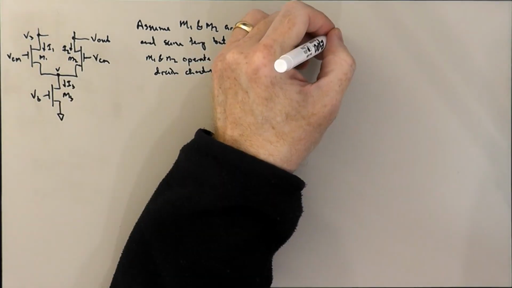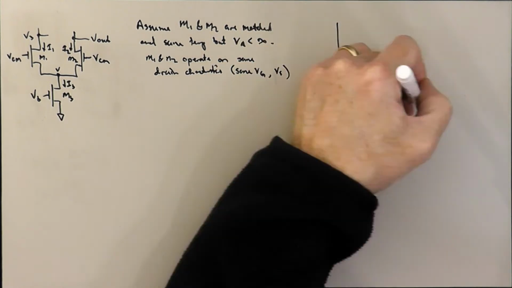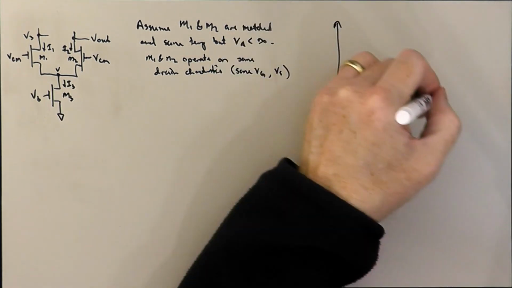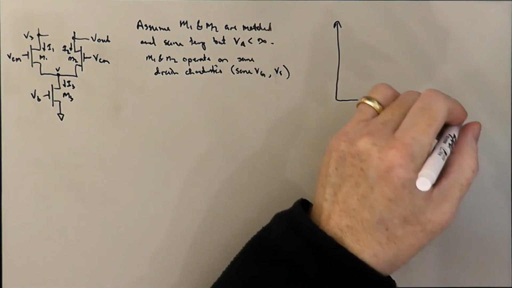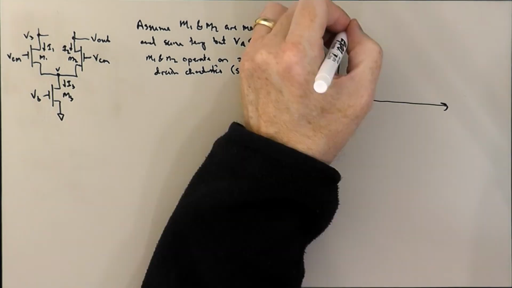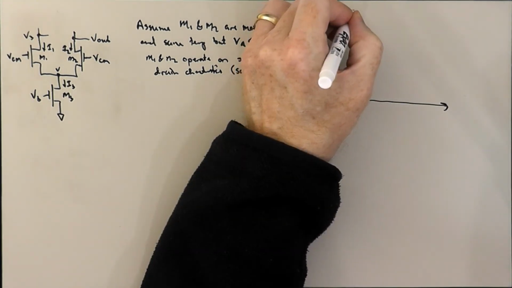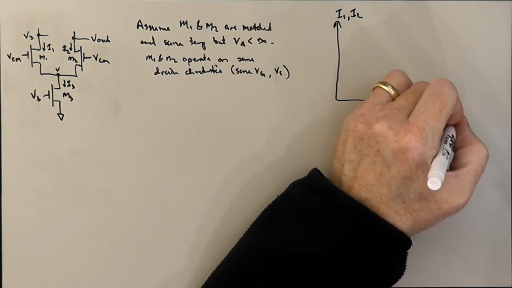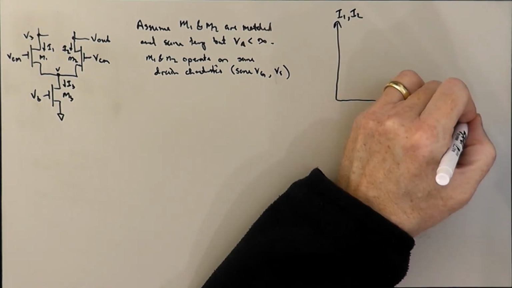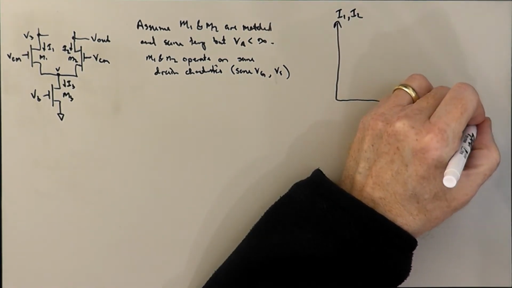And so if I were to draw that common drain characteristic here, we have I1 and I2 as a function of, let's say, V3 or V out.